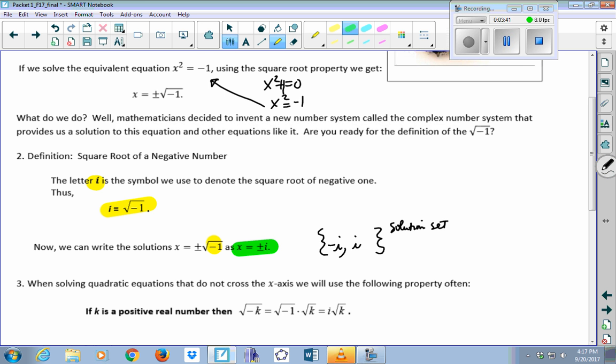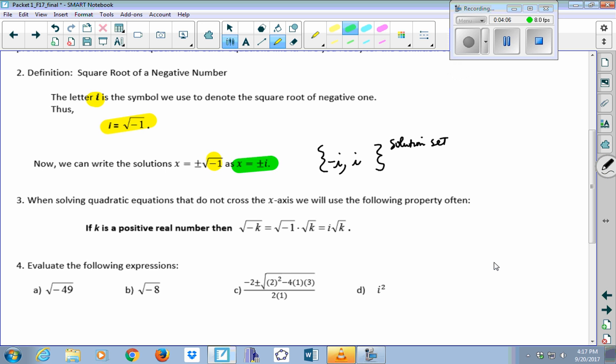So let's do a little bit of work with negative numbers that appear under the radical sign. I will leave some of the arithmetic operations like adding, subtracting, multiplying complex numbers for your class activity. So let's work a little bit with this. When solving quadratic equations that do not cross the x-axis, we will use the following property often.